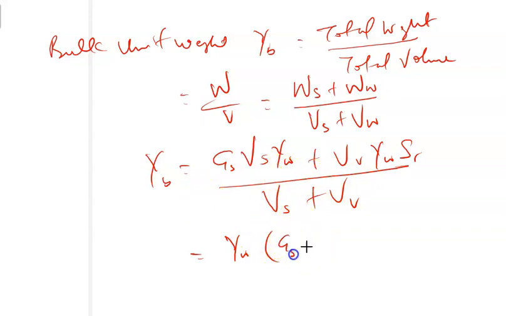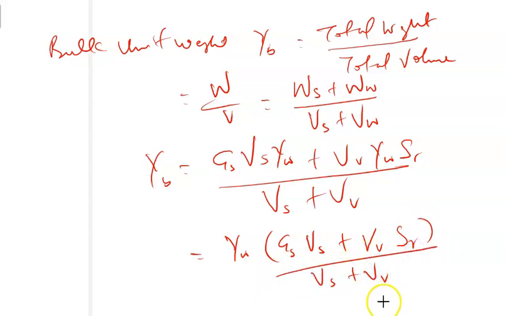We have GS VS plus VV SR over VS plus VV. That's what we have. So we'll call this our equation 10. So we've talked about bulk unit weight.